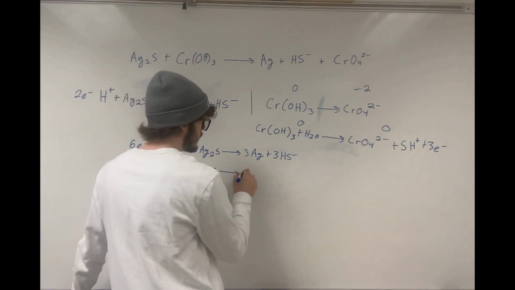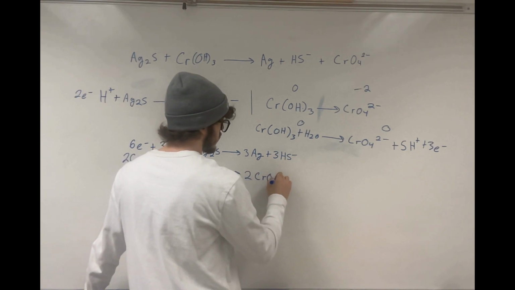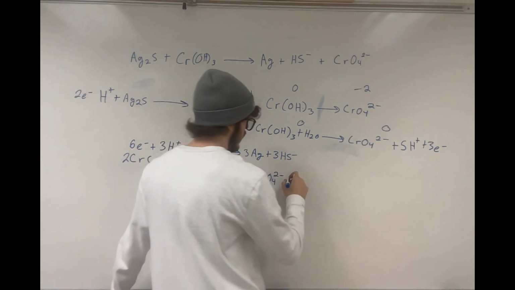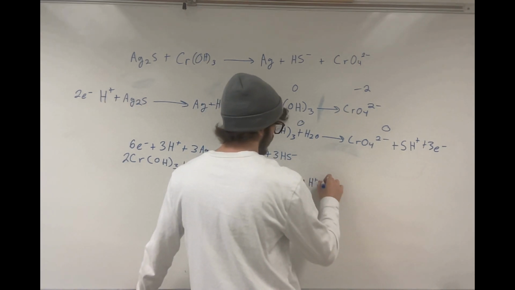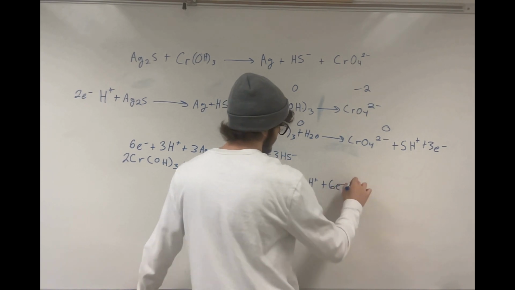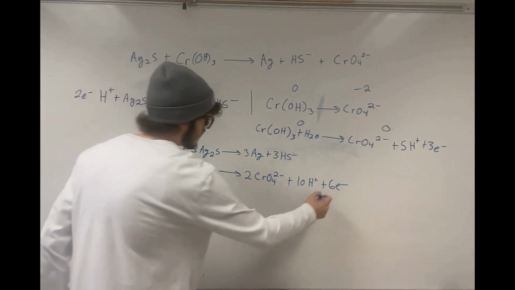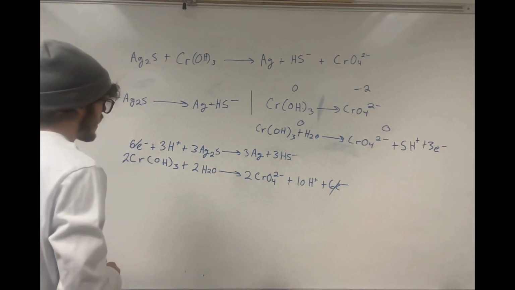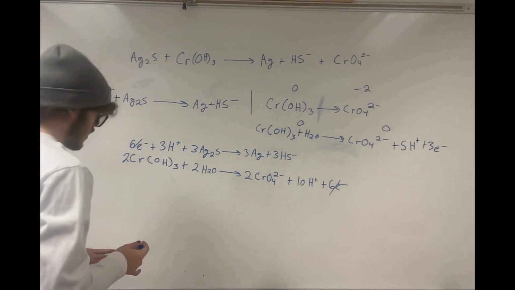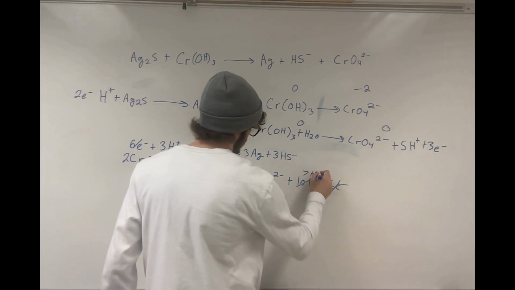It's going to yield 2 chromium tetroxides plus 10H+ plus 6e. Okay, take a look at the equation. Notice we can cancel out electrons. We can cancel out some of the hydrogens. So that would be 7 on this side. We'll make the 7 H's.